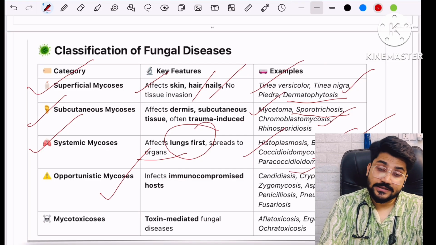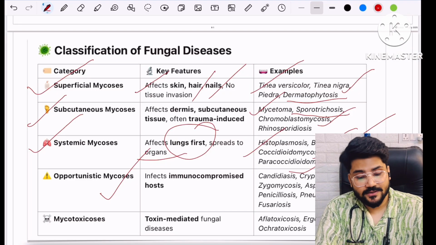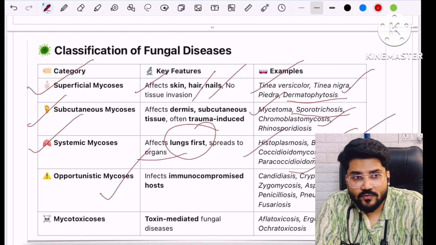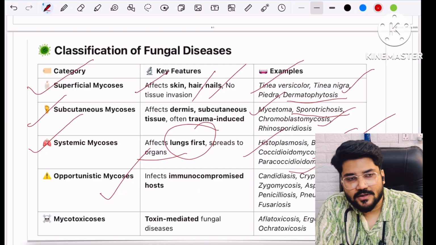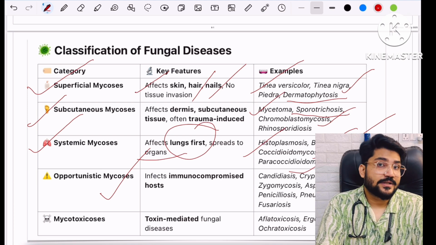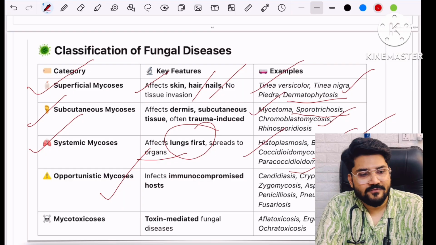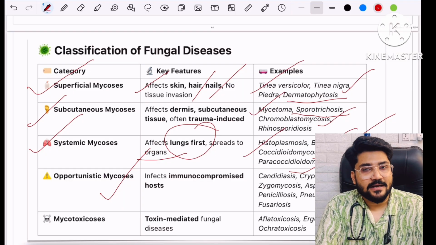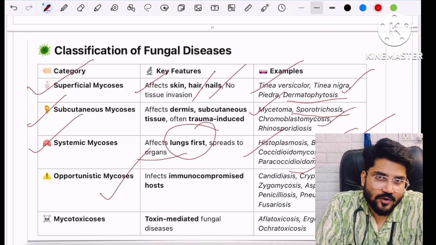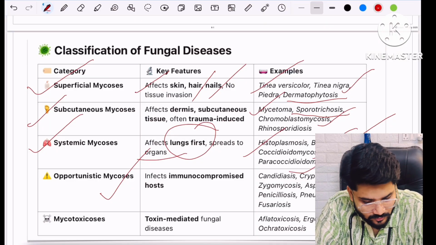Now fourth is opportunistic mycosis. Opportunistic mycosis means they are effective when your immune system is weak. Means you are immunocompromised like HIV patients, or the patient has been in the ICU for so long, on antibiotics for so long, has some connective tissue disorder, or has been on corticosteroids for so long.